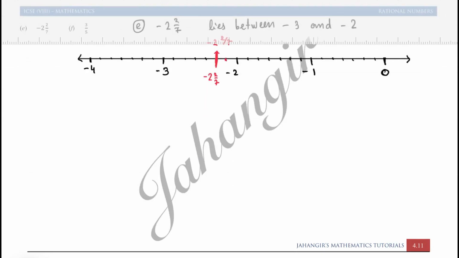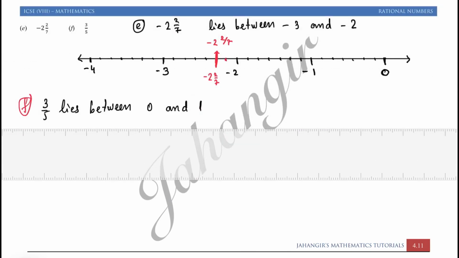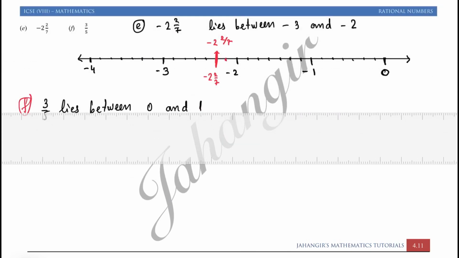Now next is f, which is 3 by 5. 3 by 5 is greater than 0, so it lies between 0 and 1. We can start with minus 1, because you have to keep an extra number on either side.